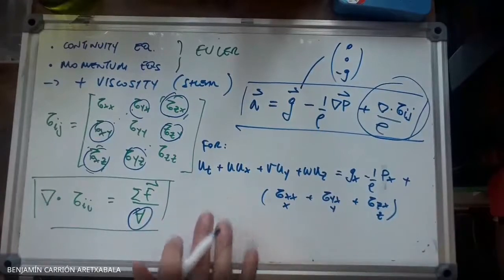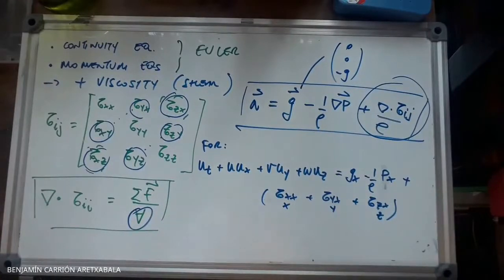And you have the same for y and for z. And that's it. These are the Navier-Stokes equations. These are used to represent viscous flows.